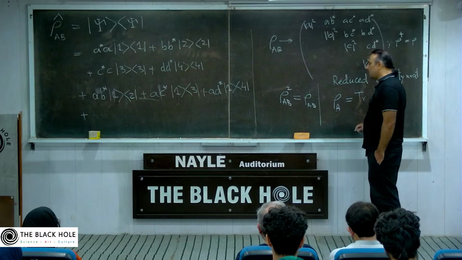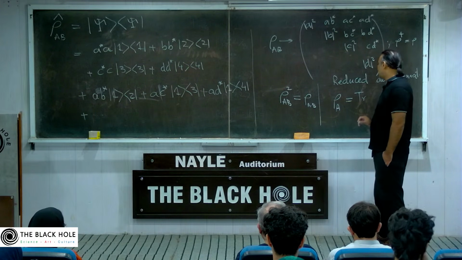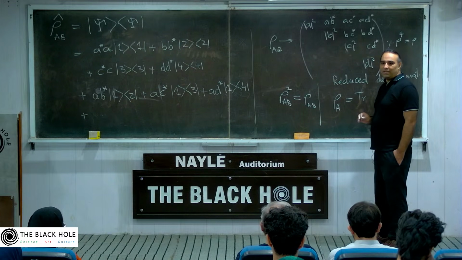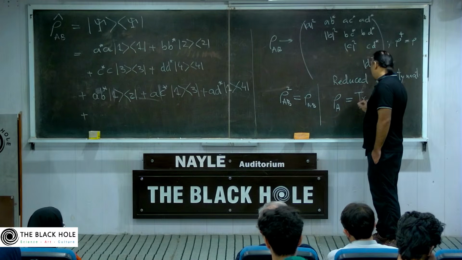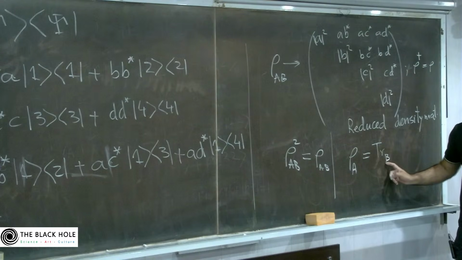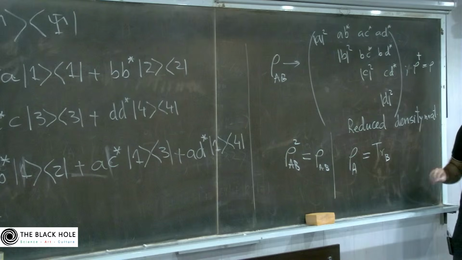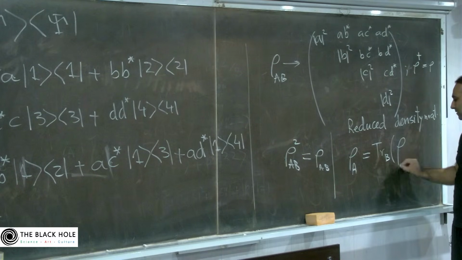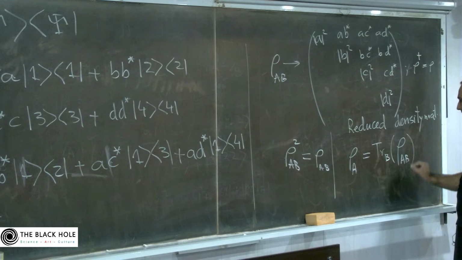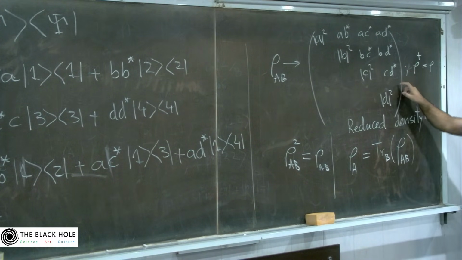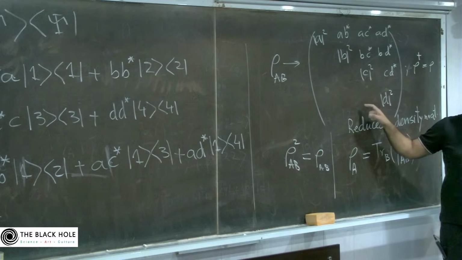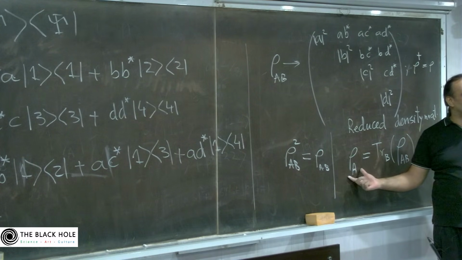We write it like this, and what we do is we sum over the diagonal elements of the other subsystem. So it's a partial trace over the states of B, like this. We compute the partial trace over B of this density matrix to obtain the reduced density matrix for the rest of the states.